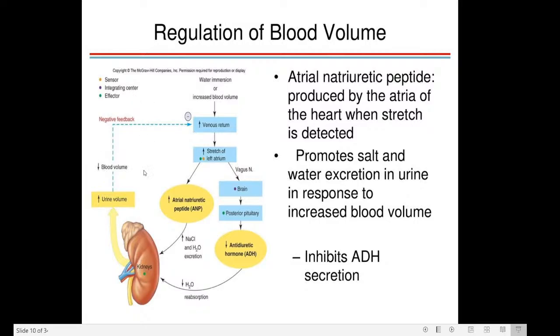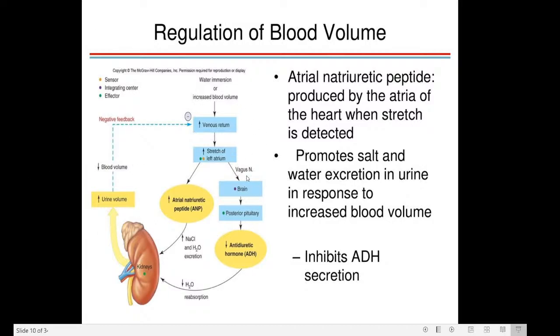After the blood volume becomes low, that makes a feedback. We know the feedback effect, right? Negative feedback. The blood volume has become low, so we need to increase the blood volume again. It is a cyclic process.